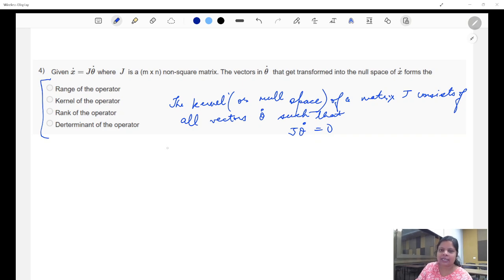So what happens in this case? This theta dot maps to 0 output in the null space. You have the joints moving, all of them moving, but you do not see any movement on the side of the end effector. So that is the thing that happens.